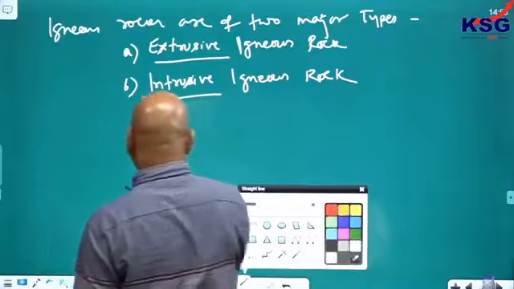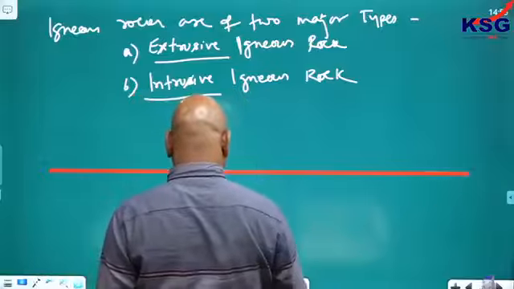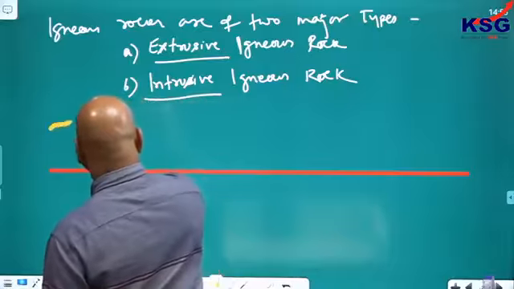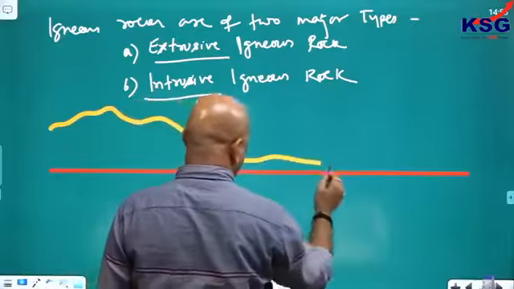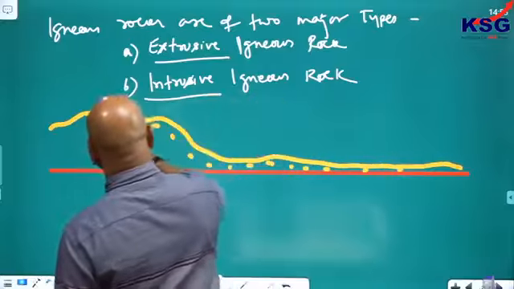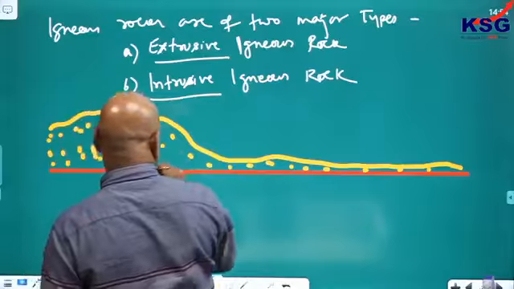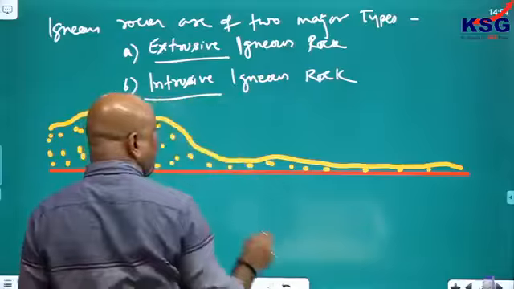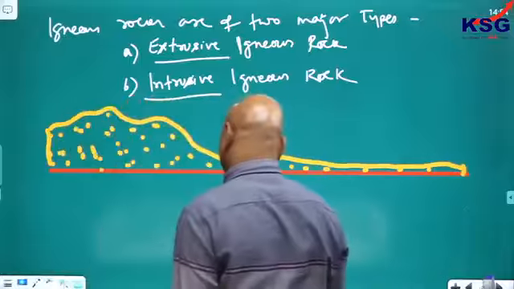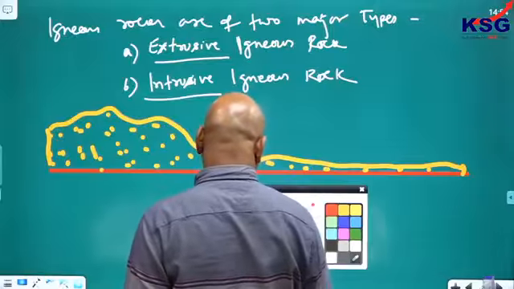Let us say this is a place here, and on this you have, let us say, a mountain here, a plateau, a plain, different things are there. What are intrusive igneous rocks?